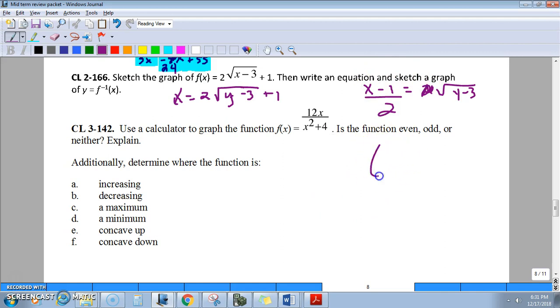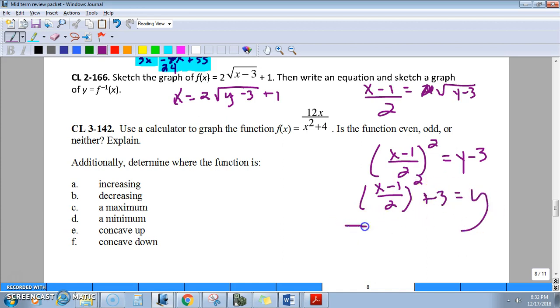Square each side: x minus 1 over 2 squared equals y minus 3. Add 3 to both sides: x minus 1 over 2 squared plus 3 equals y. This should be your inverse of this one.